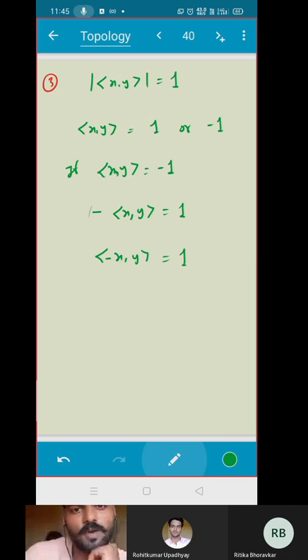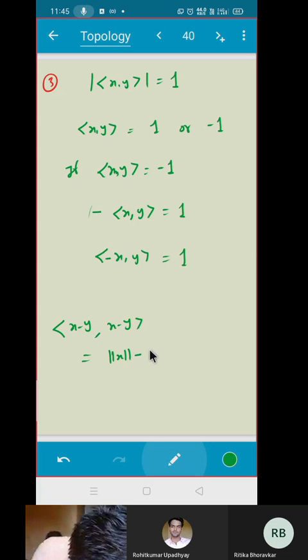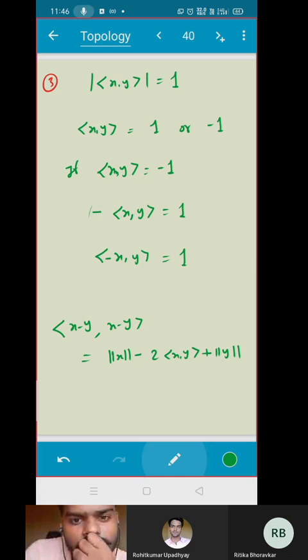Think about it. If you are having inner product of x comma y as -1, can you do this only? Think about this. Norm of x minus y squared, what you are having this as norm x squared minus 2 times inner product of xy plus norm y squared. Correct? Yes, sir.